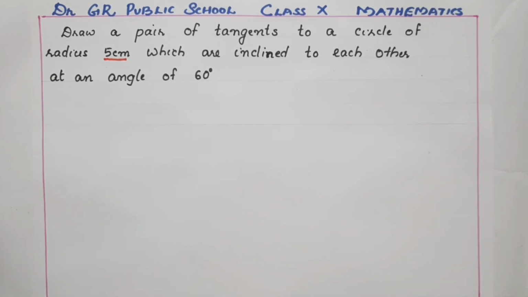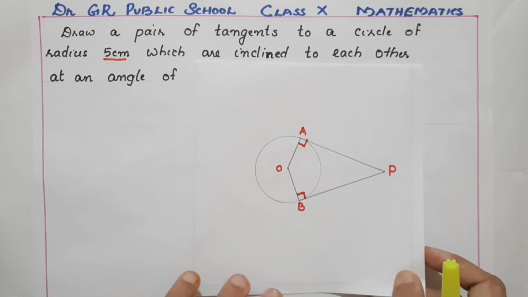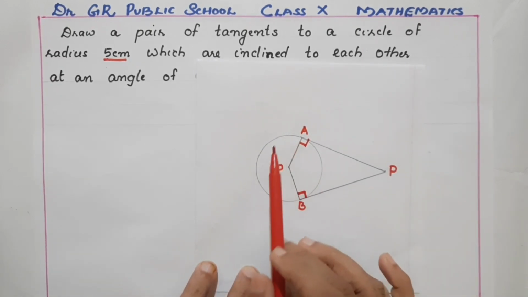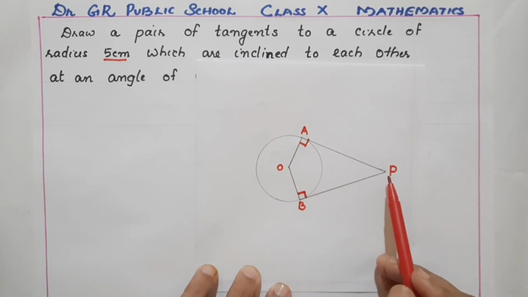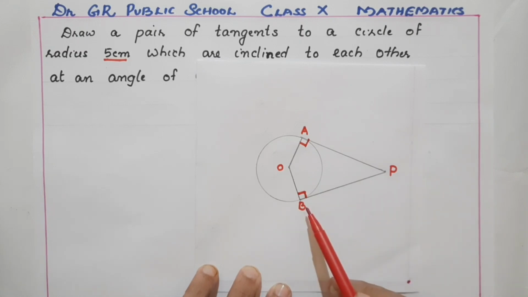And children, in the chapter circles, you have studied the properties of tangents. See, look at this figure. So here is a circle with center O and P is an external point and PA and PB are tangents.